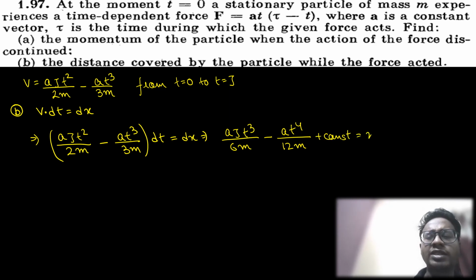And some of you might have a doubt about why we aren't adding the constant on this side. It doesn't matter. As soon as we apply the boundary condition, the value of the constant will give you the direction also. So here at t equal to 0, x is equal to 0, because you are starting from the starting point.